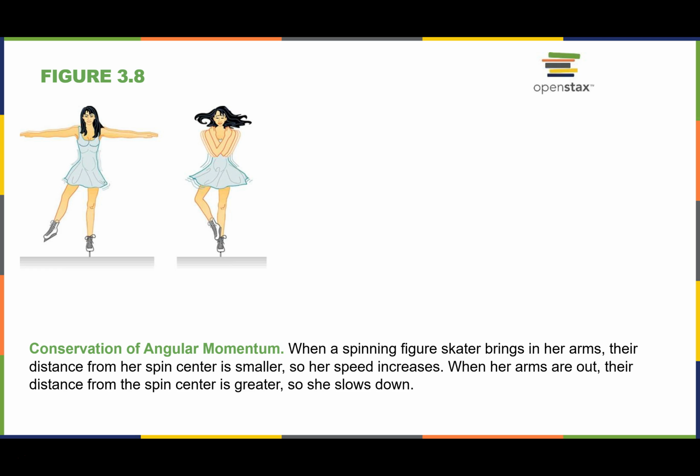With their arms out, their distribution of mass started here and went out to here. So they had a big radius, a smaller velocity. They bring their arms in. Now the radius is this big. They reduce the radius, they increase their velocity. That's all it is. Okay, I think that's kind of fun.